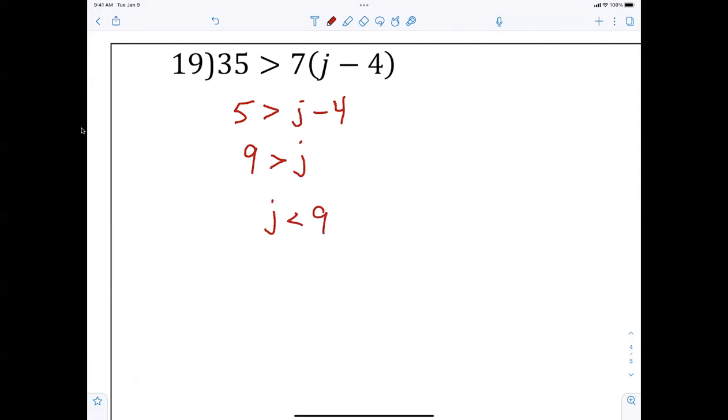J is less than 9. Everybody's good with that? 9 is greater than J and then J is less than 9. Right? And that's very true. He said it perfectly. If 9 has to be greater than J, then J has to be less than 9. It's a perspective. What are you looking at?